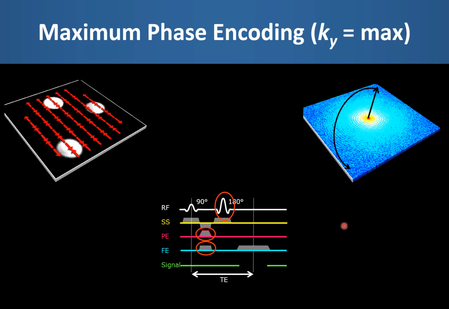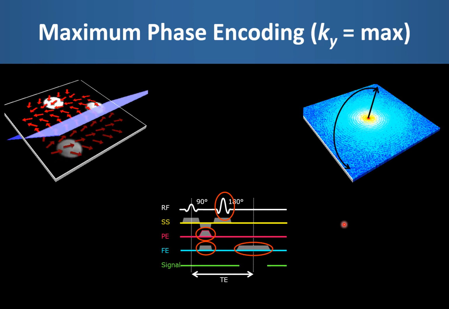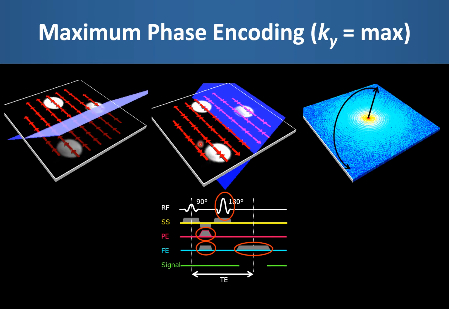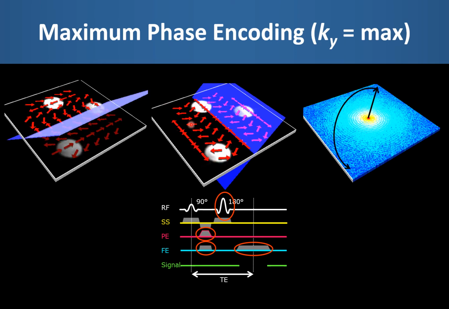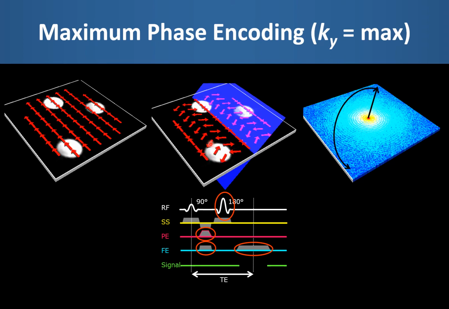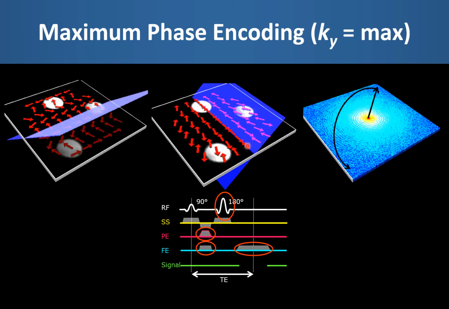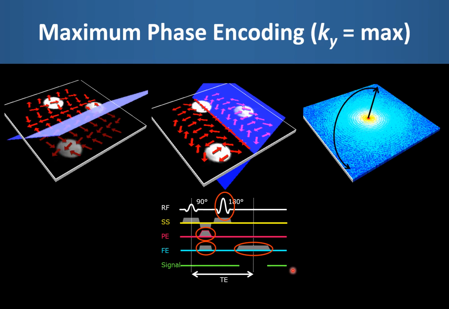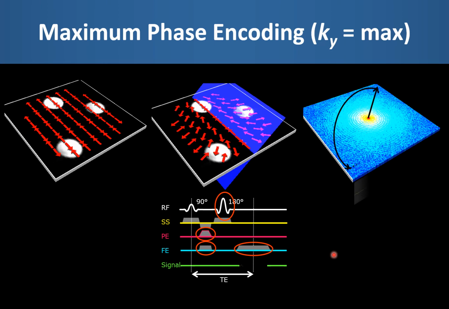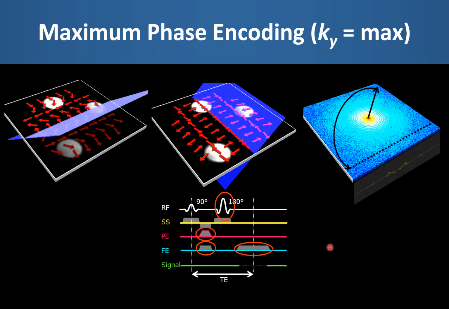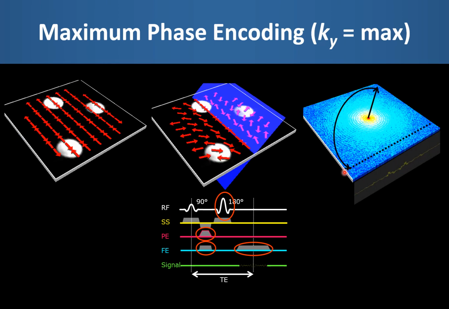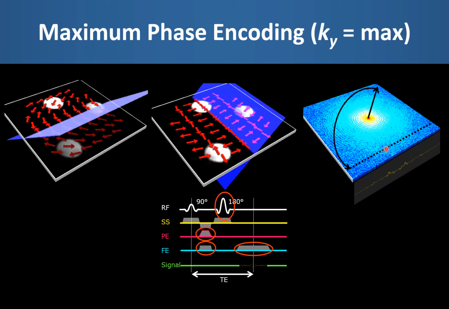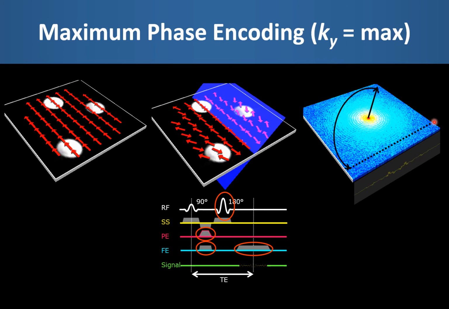So if we now apply the frequency encoding gradient to the spins that have already been warped by the phase encoding gradient, then when we read the spin echo signal out in the presence of the frequency encoding gradient, we will acquire an echo which goes into the bottom of k-space. So we get a line of data located at the bottom of k-space.